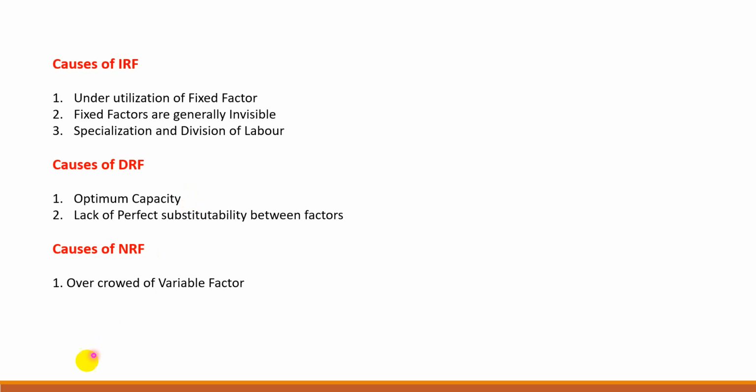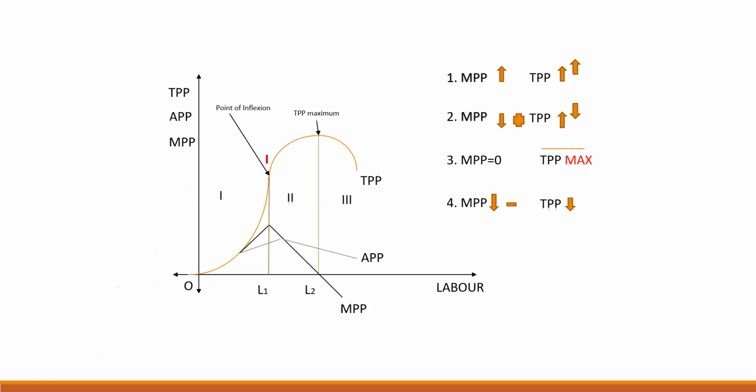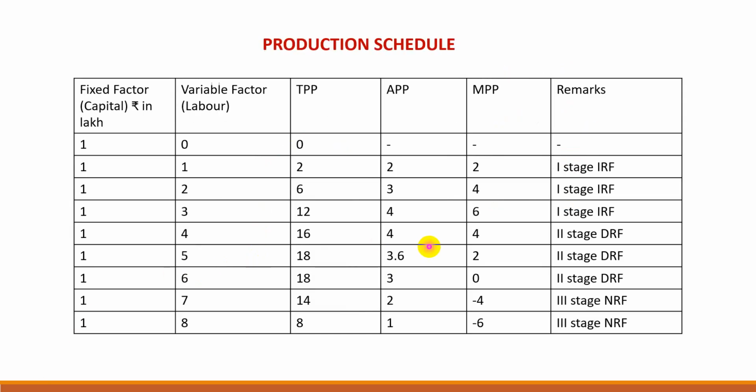If you see, MP will decrease when we are increasing more than 4, means at 5, MP falls. From 4 onwards, MP starts to decrease. AP also decreases. So MP and AP both decrease at DRF.